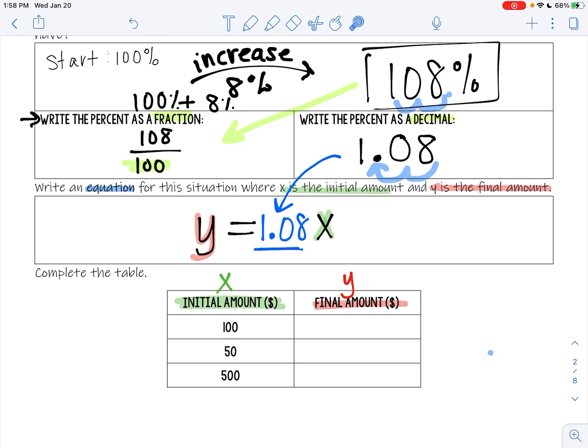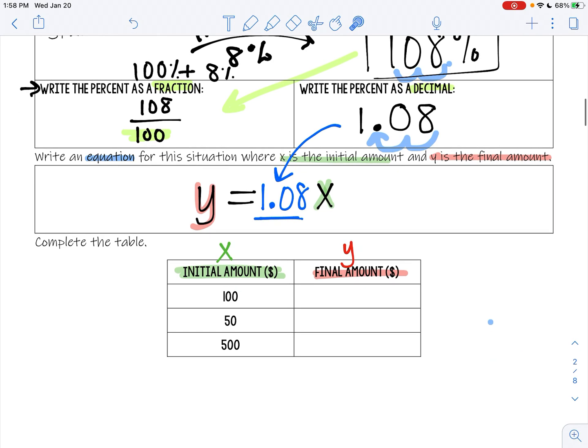So this kind of reminds me of constants of proportionality, right? To get y, I can just multiply x, whatever the value of x is, whatever the initial amount is, by 1.08.